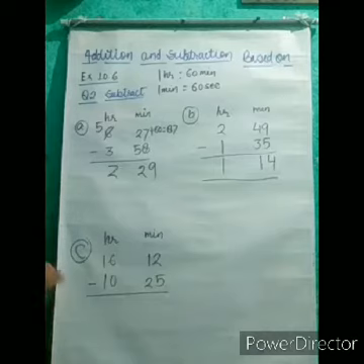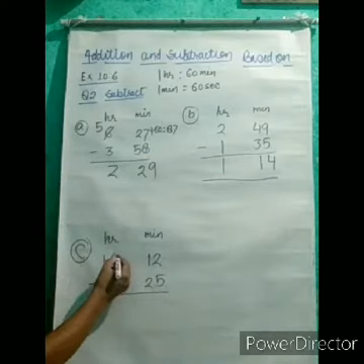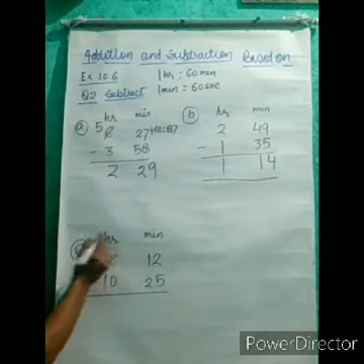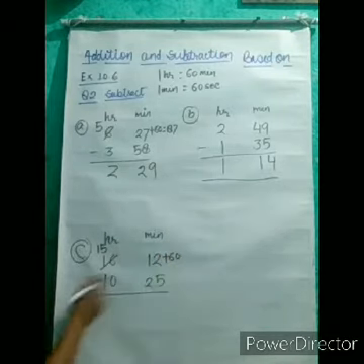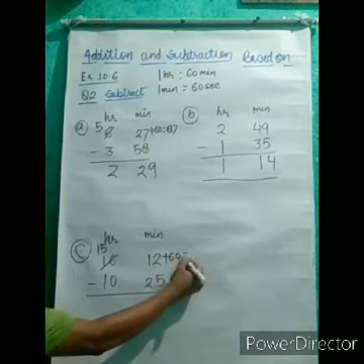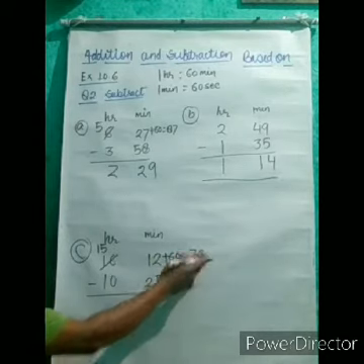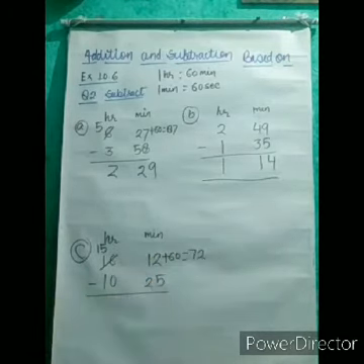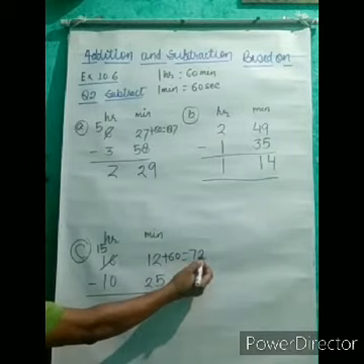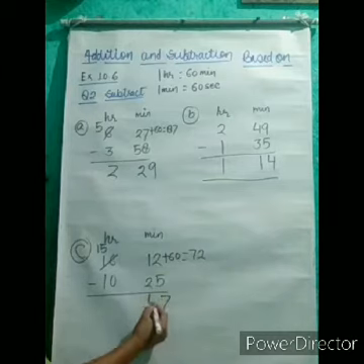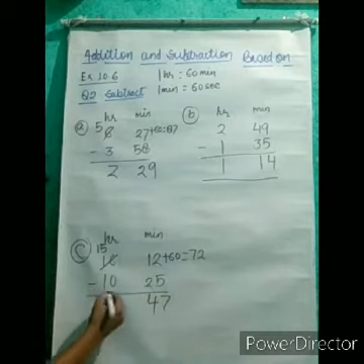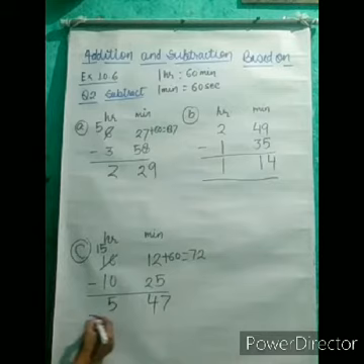We know that 1 hour is equal to 60 minutes, so adding it to 12 it becomes 72. Now from 72 you can subtract 25: 12 minus 5 is 7, 6 minus 2 is 4. Here from 15 you can subtract 10, which is 5. So your answer is 5 hours and 47 minutes.